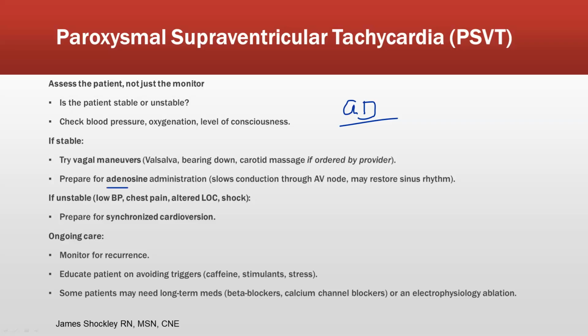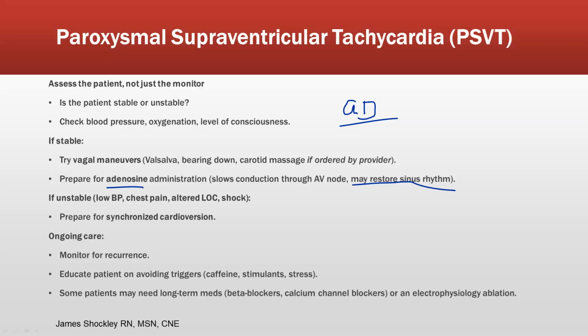This administration of adenosine, giving literally over like 2 to 5 seconds, is going to slow down conduction. But it's going to slow down conduction so much that they're going to have a period of asystole. Our goal is to restore, and we say a sinus rhythm here, but our goal is really to restore a stable rhythm. The sinus rhythm would just be the most stable.